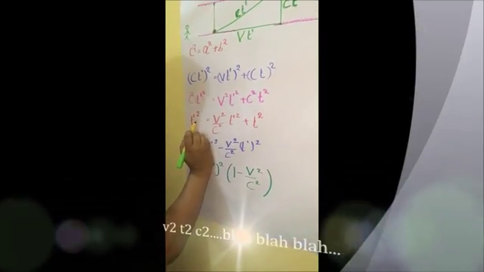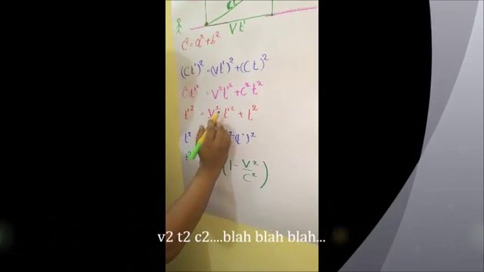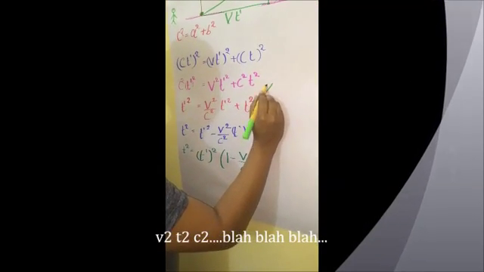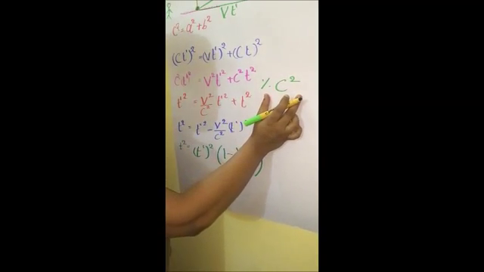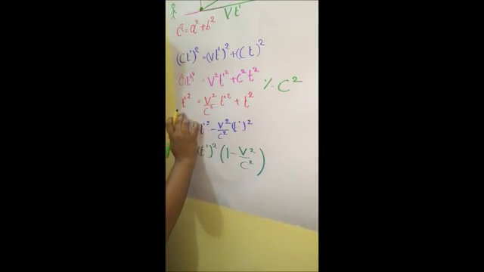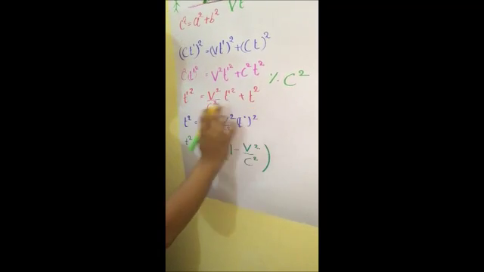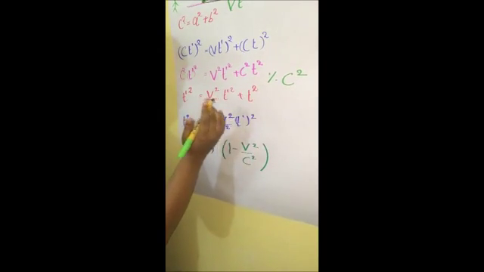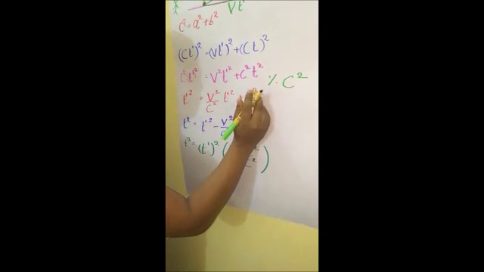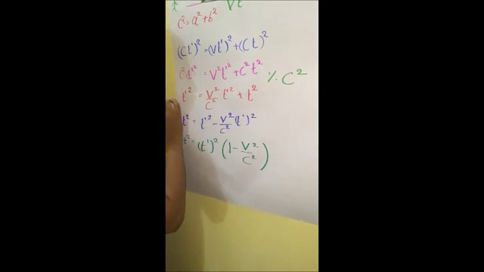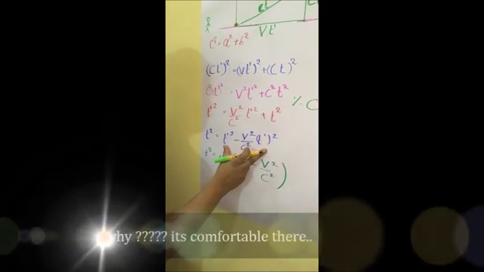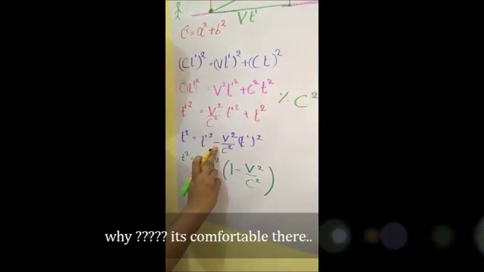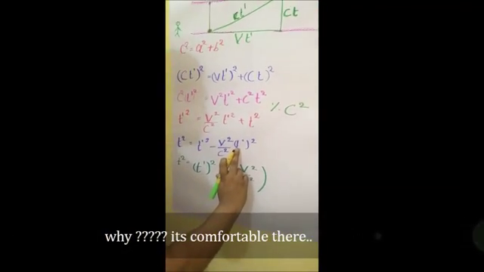Then we can divide this by c square. Then we will move the t square to one side, so we find an equation like this: t square equals t prime square minus v square upon c square t prime square.